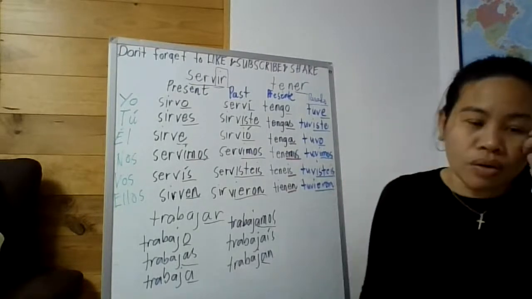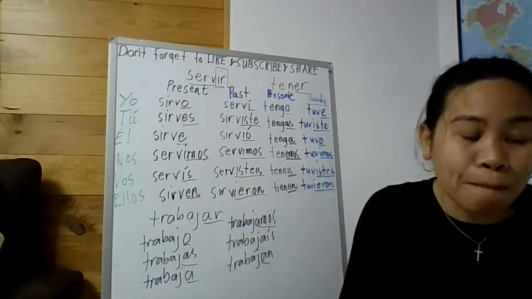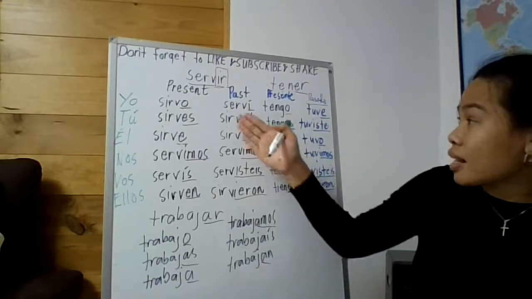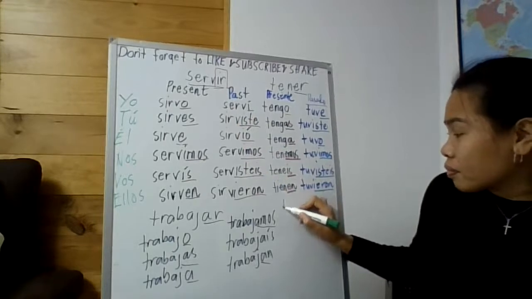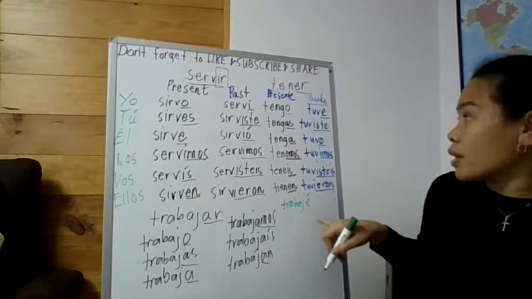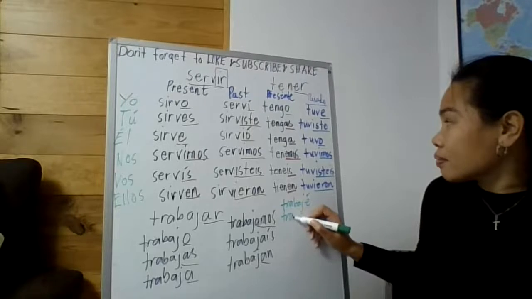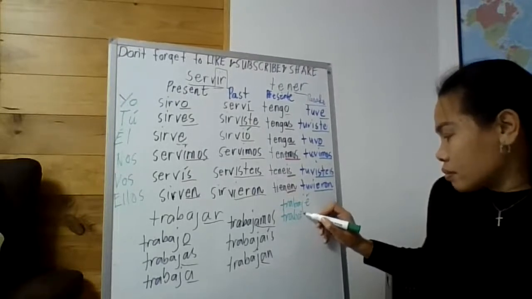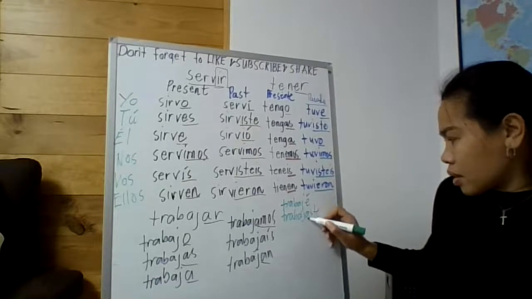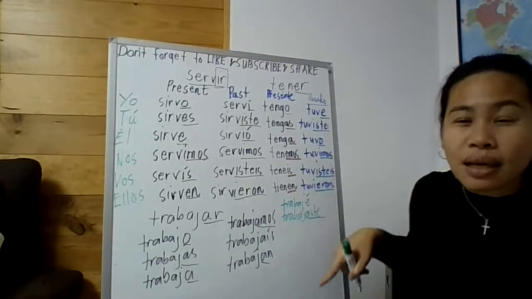Muy bien, Rodillo. Now, let's write the past simple. Trabajé, with accent. Trabajaste. Aste, here iste.